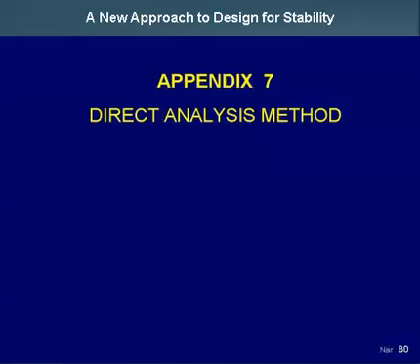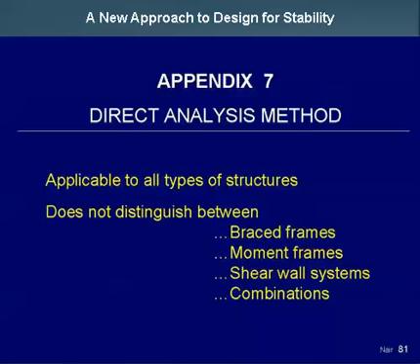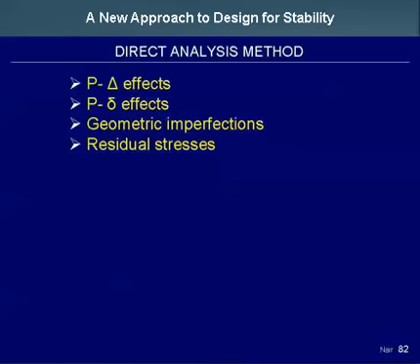It's not in the main body, but the main body refers to it as the default method, the method that's applicable in all cases. And this is applicable to all structures. It does not distinguish between brace frames, moment frames, shear wall systems, combinations. It makes no difference. It's just a general method of analysis and design for all structures, the direct analysis method.